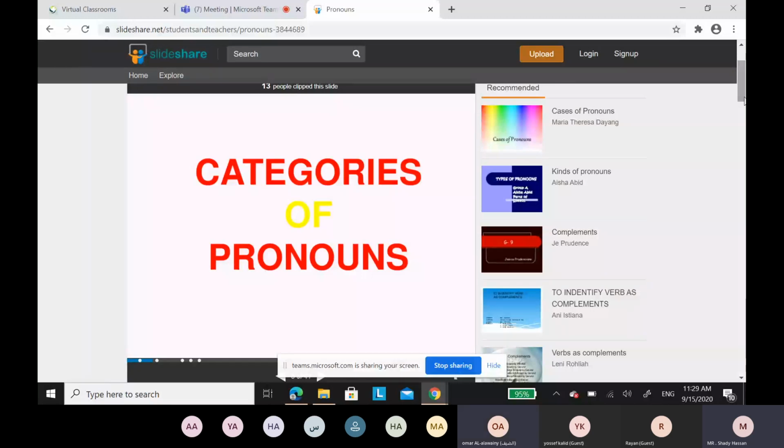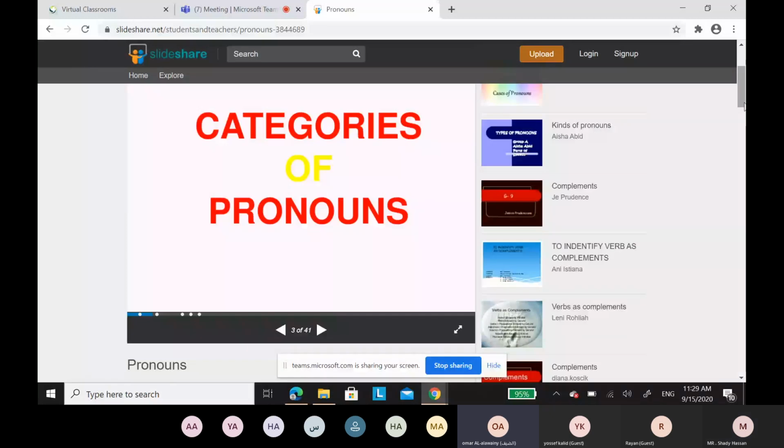Yes, there are 4 types: personal, reflexive, intensive, reciprocal. Well, actually, the reflexive and the intensive pronouns are the same, like myself. So they may be just one category, but they are not four. They are 9 categories.